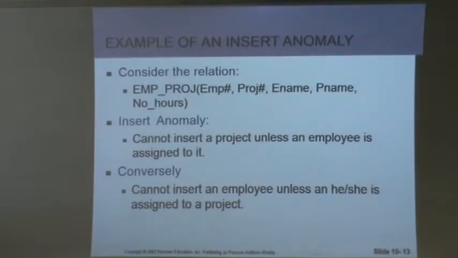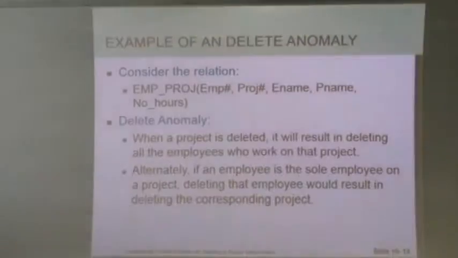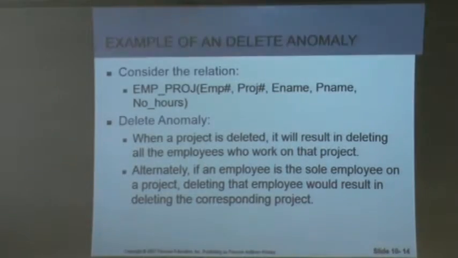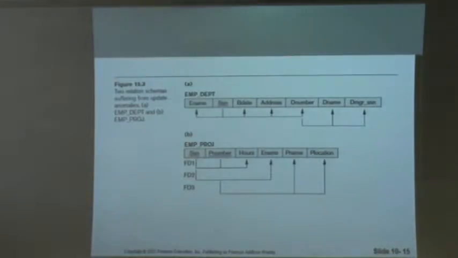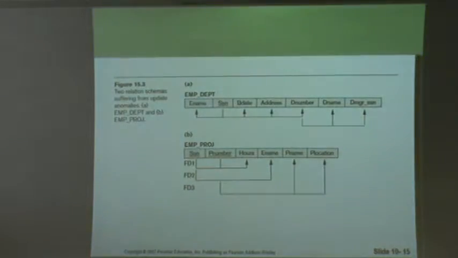So we have such an insert anomaly, delete anomaly, update anomaly. Why? Because our database is not well designed. Okay? This is an example of that. You can see that we have two different kinds of employee and department information in one table, and sometimes three different kinds of information. So we need to address that problem.